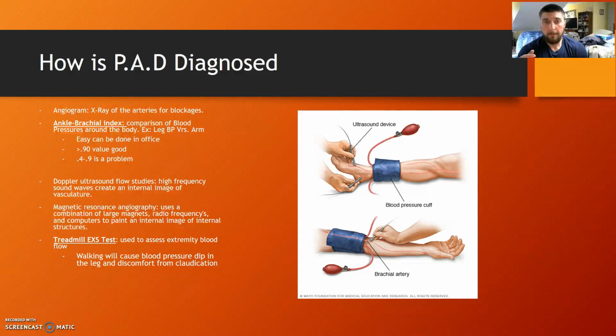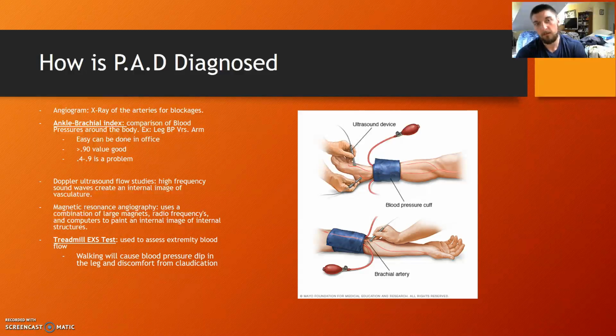So if you have peripheral artery disease, we said it typically affects lower extremities, the blood pressures would be different from that of, say, your brachial blood pressure to, say, your femoral blood pressure. It's going to be different just because there's that block there. So if you have a ratio greater than 0.9, that's considered fine, normal. But below 0.9 is considered pathological. So you have PAD, peripheral artery disease.